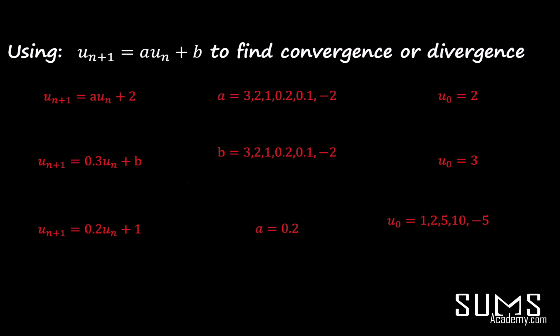So in this lesson, we're going to be looking at using un+1 = aun + b to find convergence or divergence. So you might be thinking, what does convergence or divergence even mean? Well, if you think about it, con often means come together.